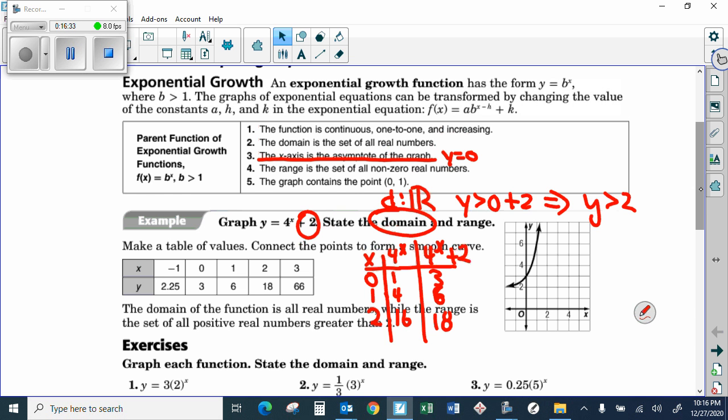A horizontal asymptote means the curve gets closer and closer to that line, but never crosses it. That's true in most cases. There are a few exceptions where a horizontal asymptote can be crossed. A vertical asymptote can never be crossed. But you usually don't come across horizontal asymptotes that cross until pre-calculus or calculus.